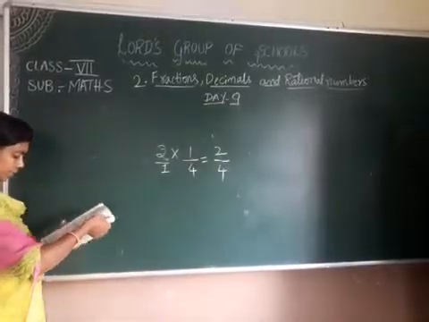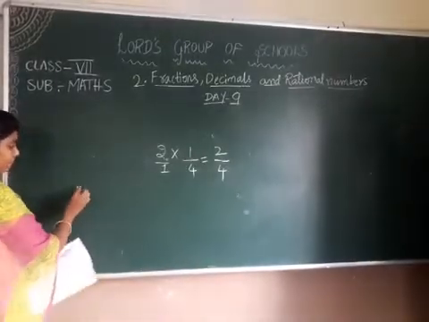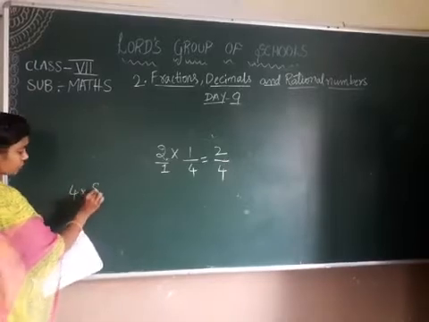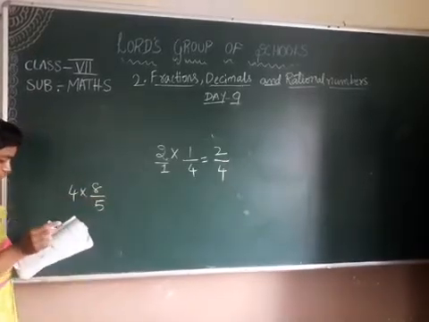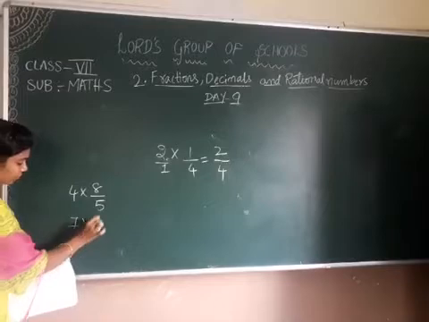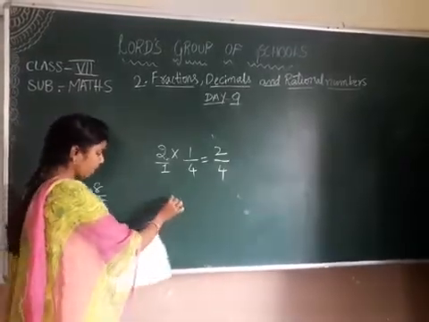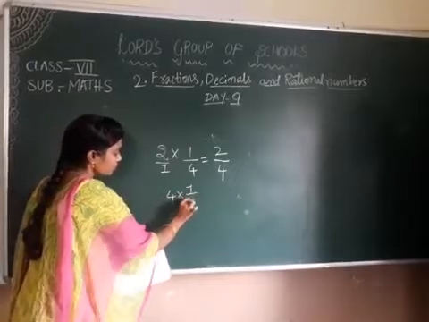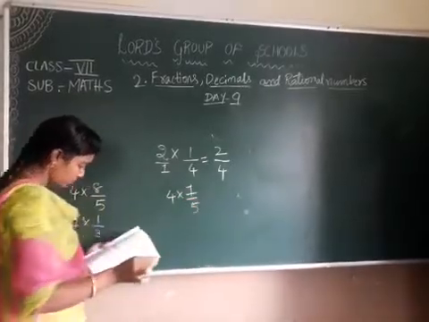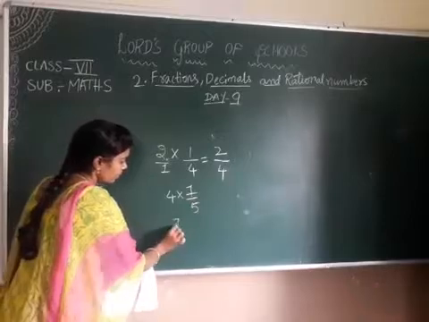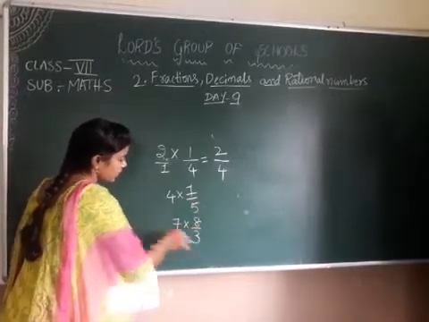Some more examples: 4 into 8 by 5, 7 into 1 by 3, 4 into 7 by 5, 7 into 8 by 3.